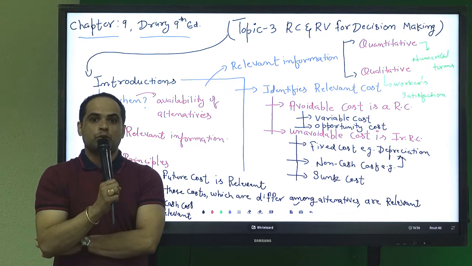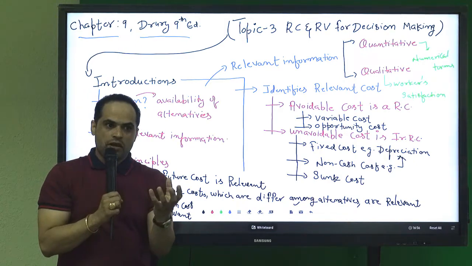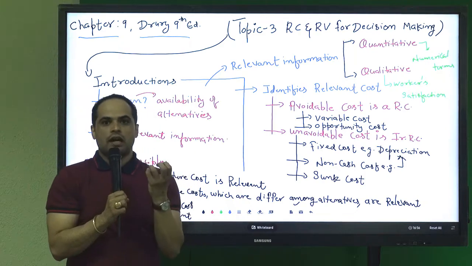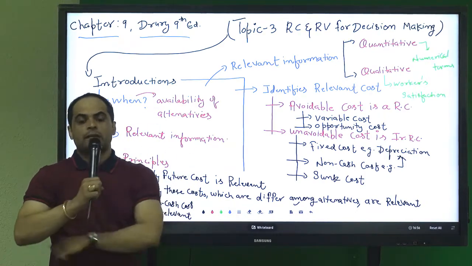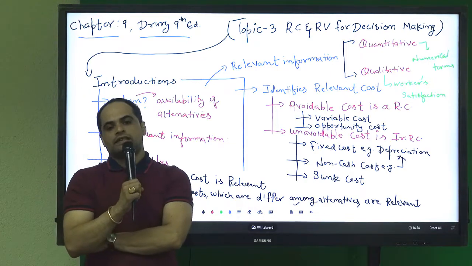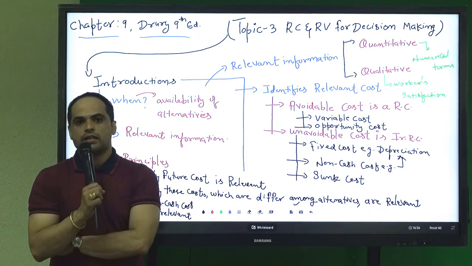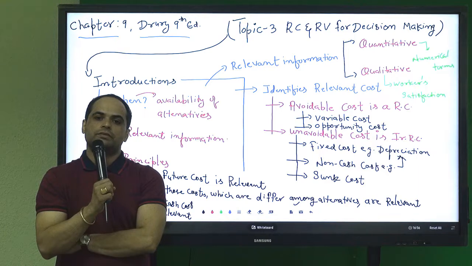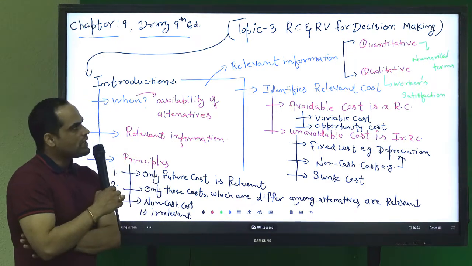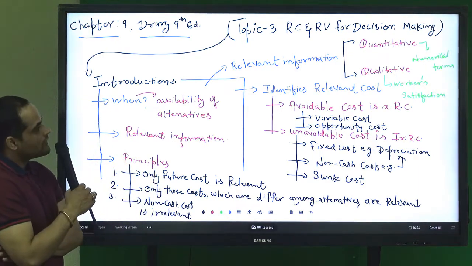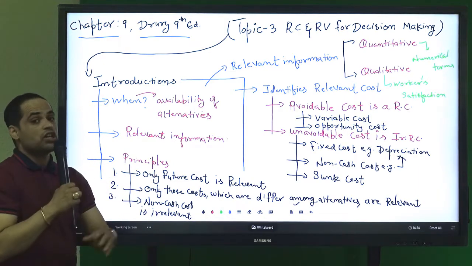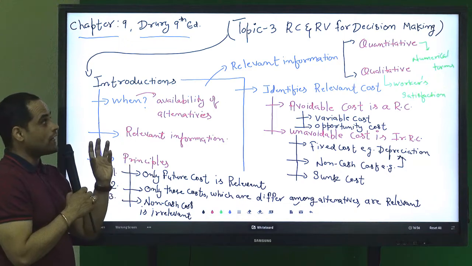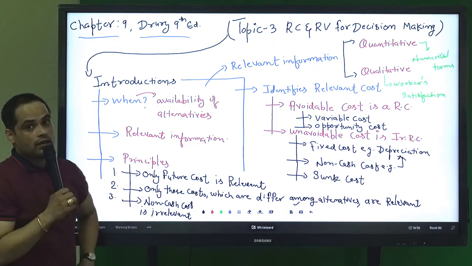Whatever information that you get about the worker behavior, happy, unhappy, motivated, demotivated, that kind of information is an example of qualitative information, right? So we need both kinds of information in order to make decisions. So the combination of quantitative and qualitative information is called relevant information.